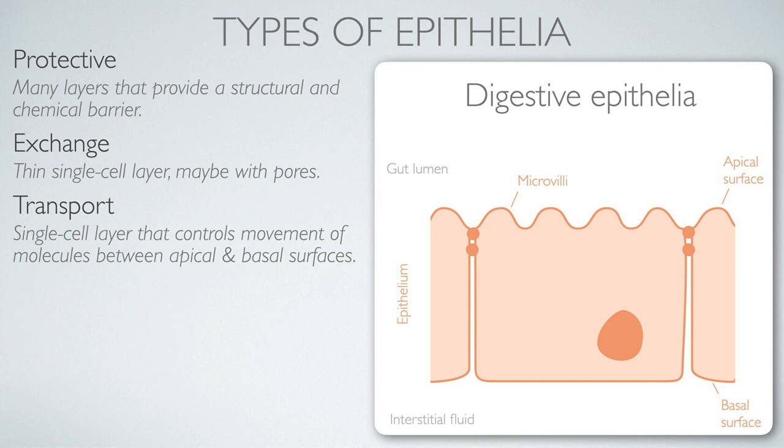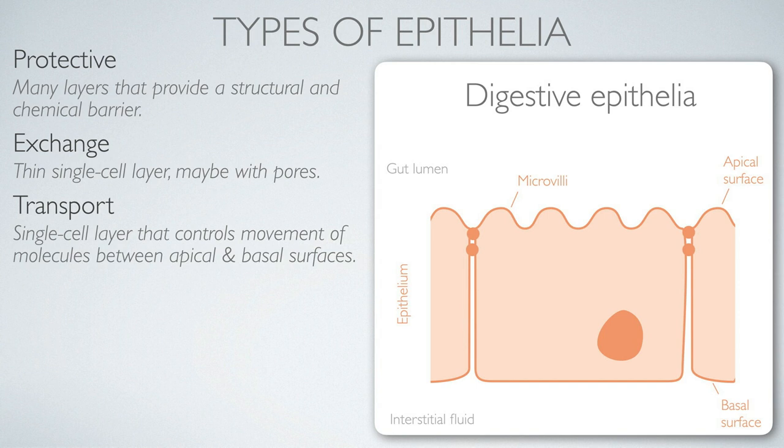In particular, we have the top surface, or the apical surface, of the cells with a variety of transport proteins that control the molecules that are going to make it from the interior of the gut lumen across the cell into the inside of the body through the interstitial fluid. We'll talk in the next lectures about how that works, and then in greater detail when we consider the digestive system.